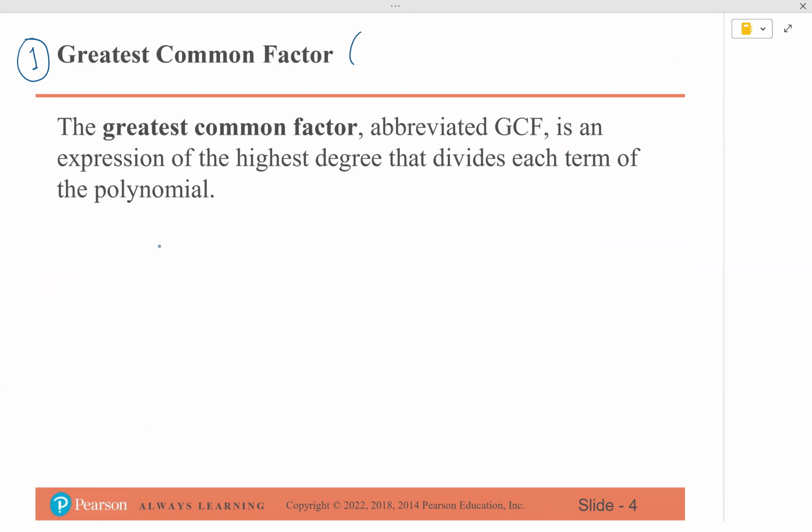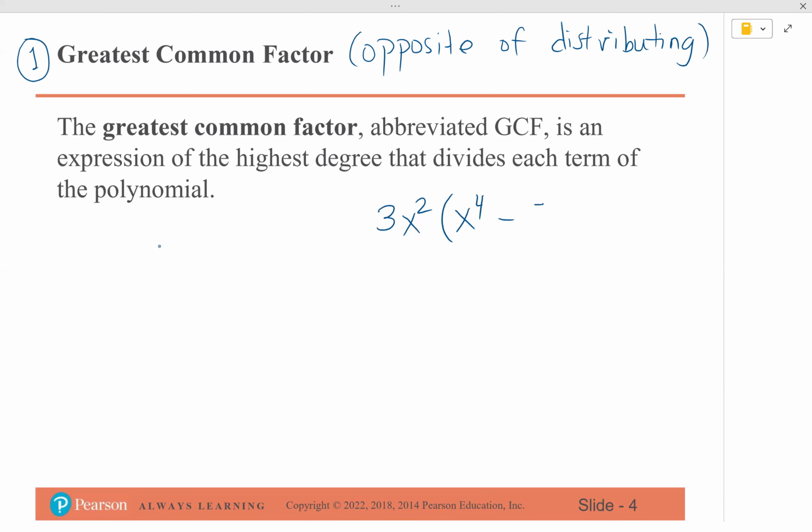This kind of helps me think of it: it's the opposite of distributing. I think one of the examples we did in the previous section was a monomial multiplied by a polynomial. I'm just making this up, this isn't the exact problem.